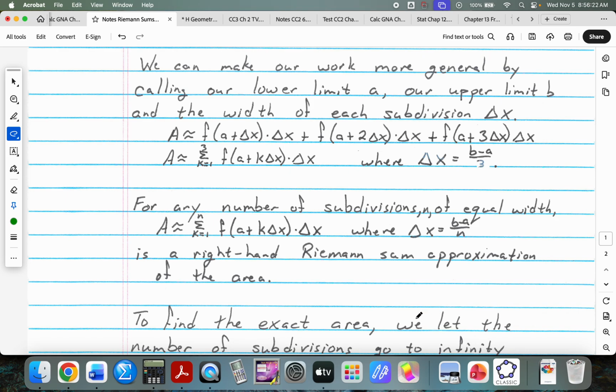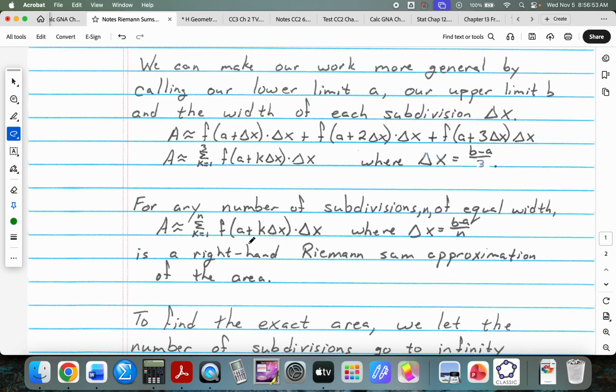Now, students frequently will ask, and I think it's a good question, why are we fixated on right-hand Riemann sums? Because they're slightly easier than left-hand. Not a lot. If you want to do a left-hand Riemann sum, the simplest thing to do is do the summation as k goes from 0 to n minus 1.